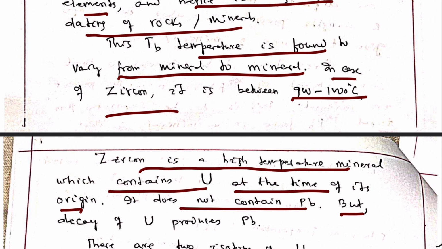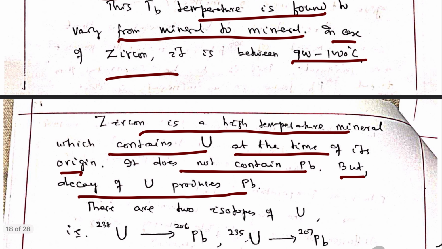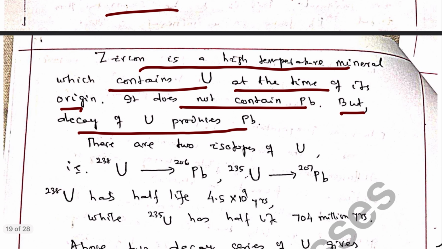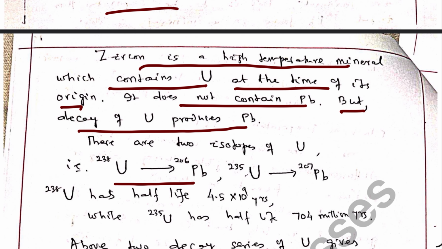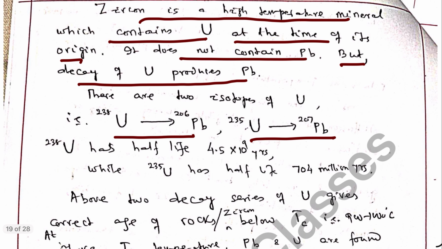It does not contain Pb, but decay of uranium produces Pb. And this decay results in two types of Pb. Uranium-238 decays to produce stable Pb206. Uranium-235 decays to produce stable Pb207.